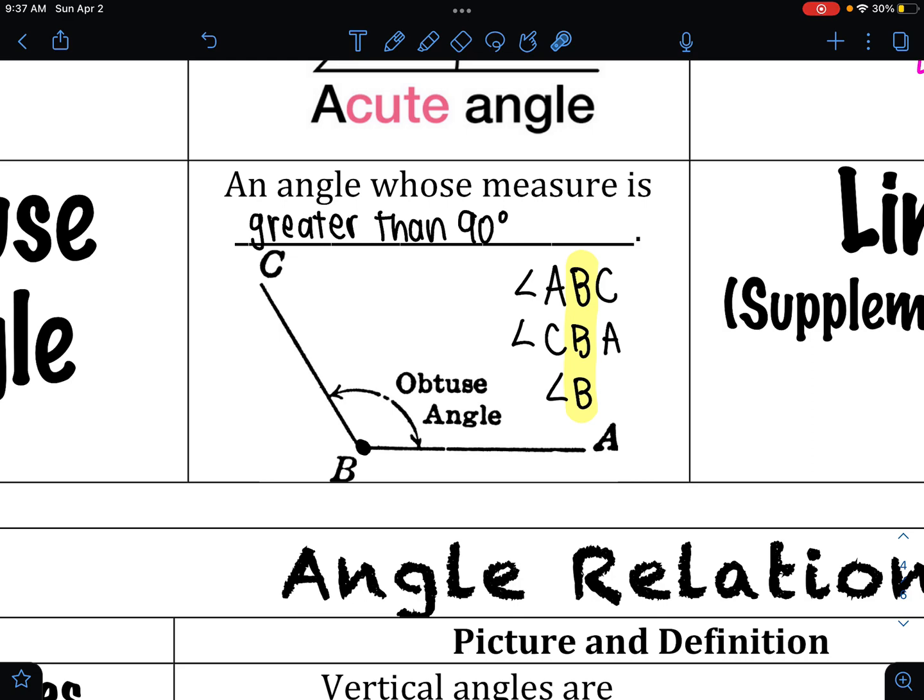So when we're talking about the names of angles, it doesn't matter if I say ABC or CBA. You just need to make sure that B is in the middle. So I couldn't say CAB because A is not in the middle, right? So CBA, ABC makes sense. So these are three ways that you could label this obtuse angle. And of course, we're going to talk more about that later, but just a little refresher, or if you did not remember that. Those are three ways to name that angle.